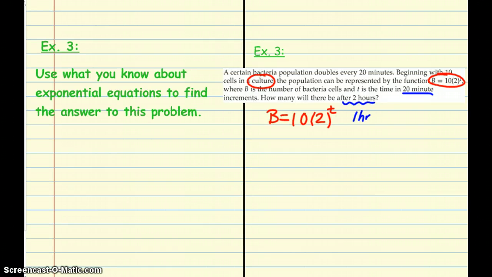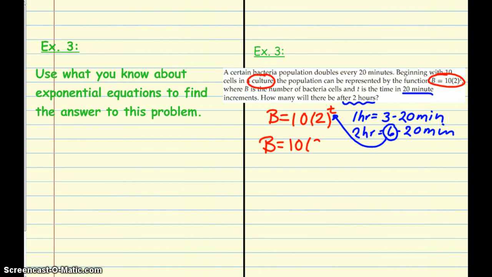Well, in 1 hour, it's 3 20-minute increments, and then in 2 hours, it's 6 20-minute increments. So in this case, we're going to take this 6 and substitute it in for t into our equation to see what happens after 2 hours. So b equals 10 times 2 to the 6th power.